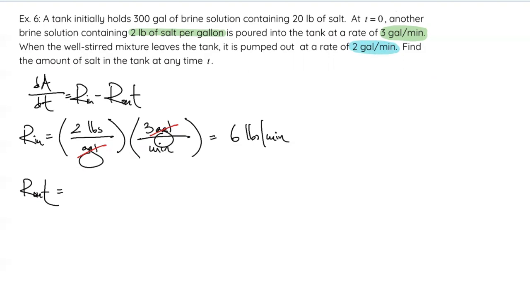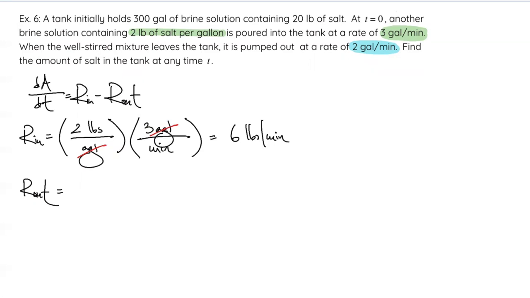In fact, it leaves a little bit more slowly than it's coming in. So conceptually, as time goes on, we get more and more brine in the tank because 3 gallons come in, but only 2 gallons leave.